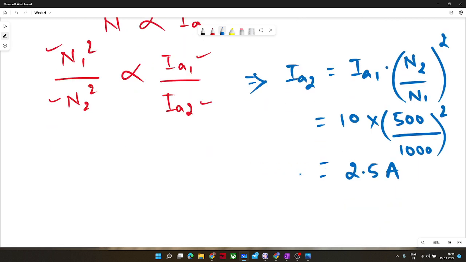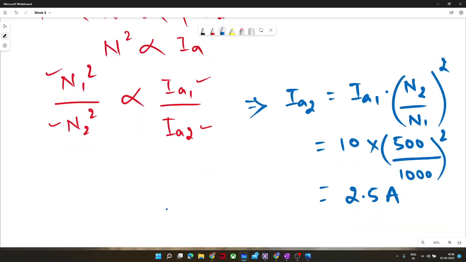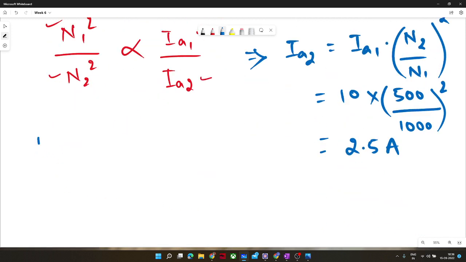Ia2 we calculated. Now we need to calculate the back EMF, right? E2 by E1 would be equal to N2 by N1. We are again ignoring flux since it is rated, so it will be constant.